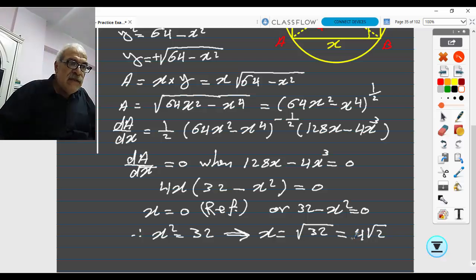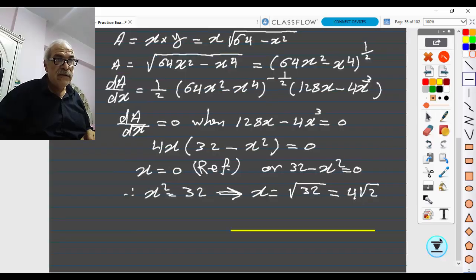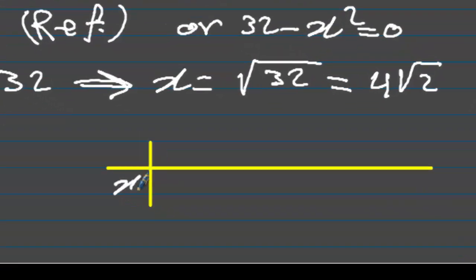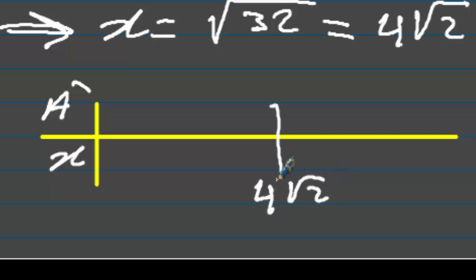Okay, and we investigate the sign of A dash, which equals dA/dx, when it is positive and when it is negative. Again, we draw a number line and we write x and A dash. Here we have 4 root 2, and here we have 0.